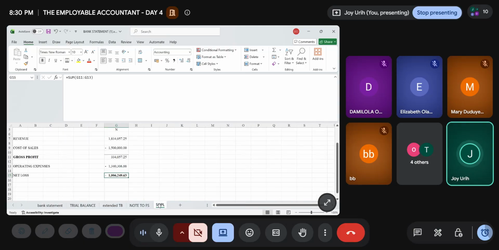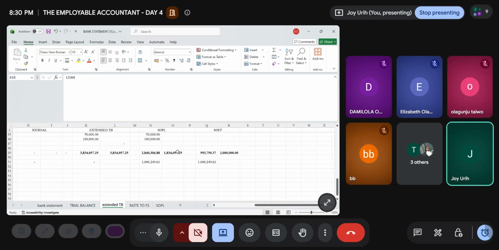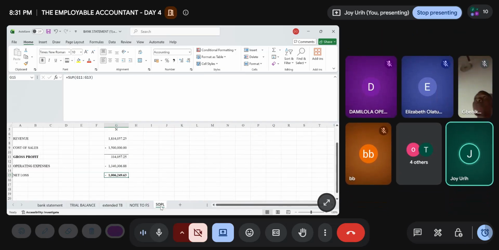For you to know that your statement of profit or loss, whether it's profit or loss, is correct, it has to give you the same figure you are having here under both columns. If it's not the same thing, it means your posting is wrong.